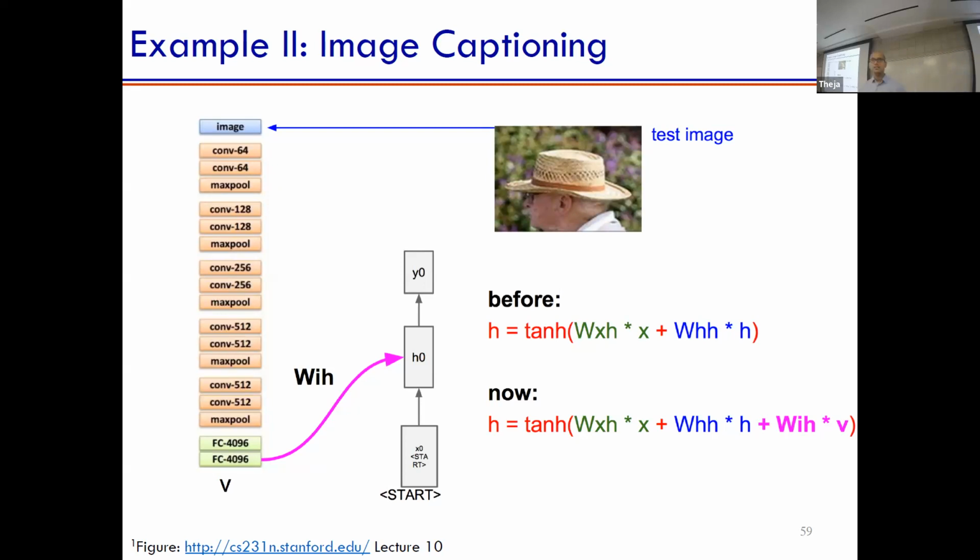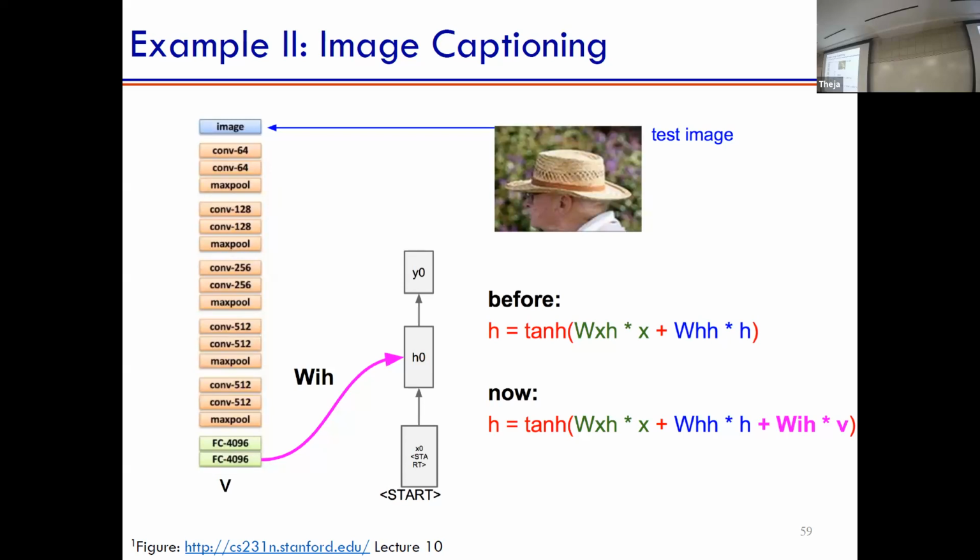That's the only change. With this you get a hidden vector, and from that hidden vector you want a distribution over the vocabulary, so that you can sample, or take the highest probability word, and say that's the first word.